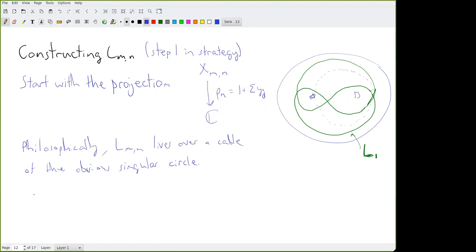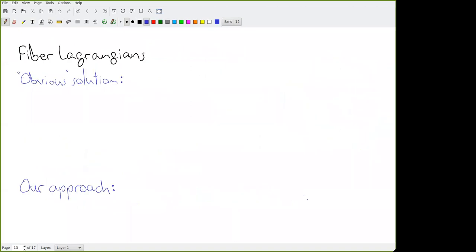Okay, so what we need to figure out is what to put in the fiber. So there are two kind of options.